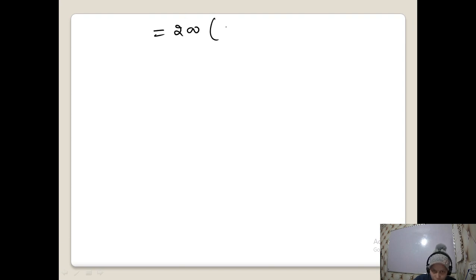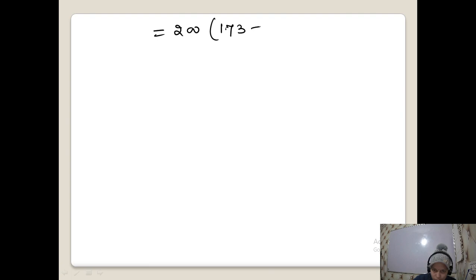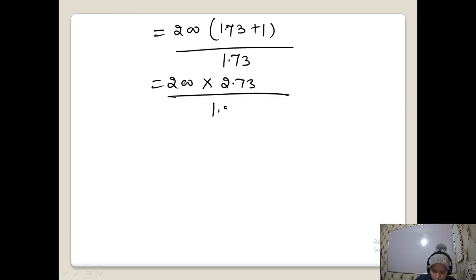Root 3's value is 1.73, plus 1 over root 3 is 1.73. 200 multiply 2.73 over 1.73. When we solved all this equation, we will find 315.3 meter.